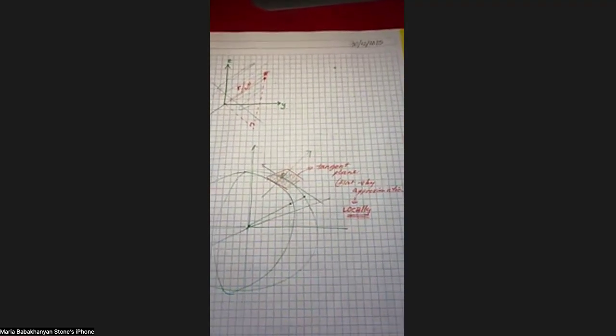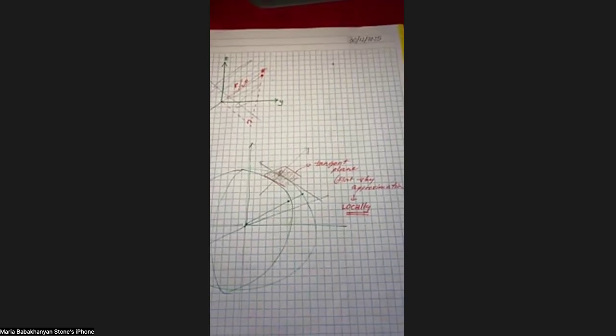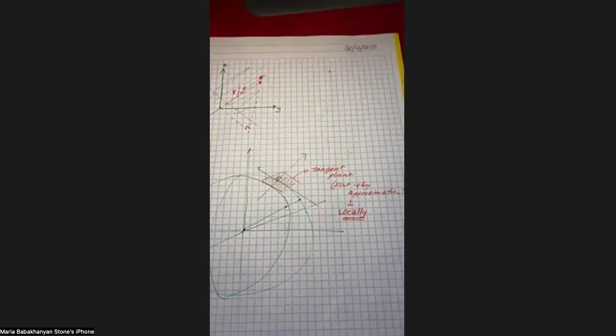Okay, and now I will try to demonstrate it. So I have to put my phone, hold on, switch back to me. Put it like this. Let's see how we do this. Okay.